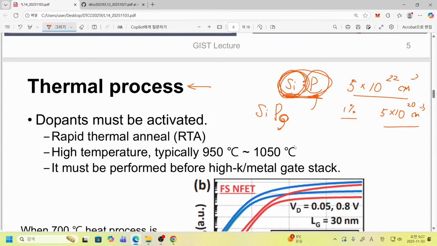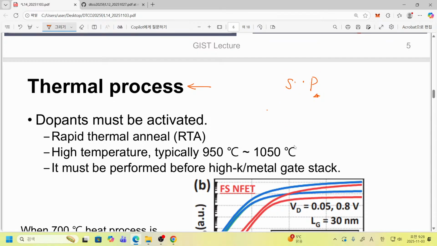So maybe you remember that when we talk about arsenic doping or phosphorus doping or other kinds of doping concentration, you can find that the density is not that high, less than 5 times 10 to the 20 or around 5 times something. So we introduced this kind of thing.